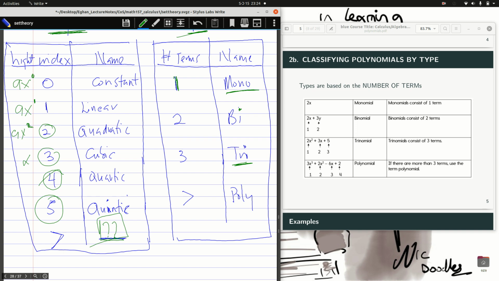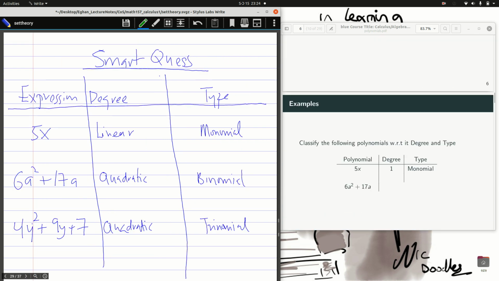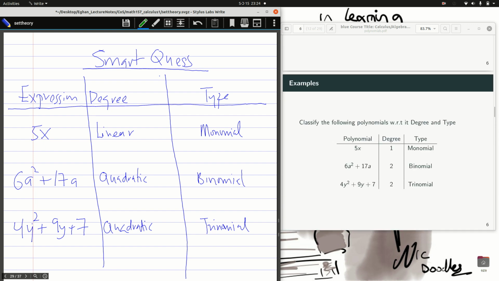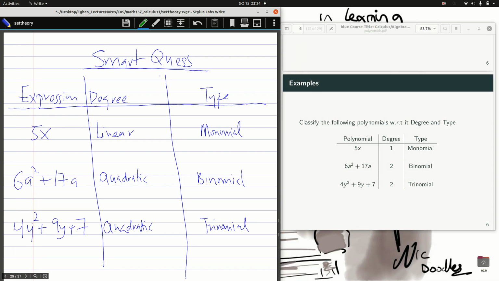Okay, so let's quickly take example smart guess on slide 6. I'm saying that my first term is linear. My first term is linear. Why? Because the highest index is 1.